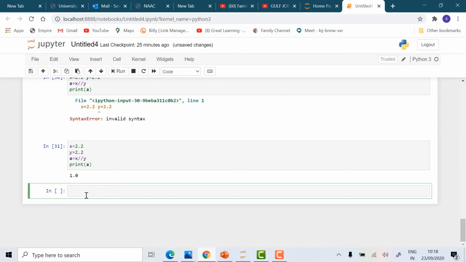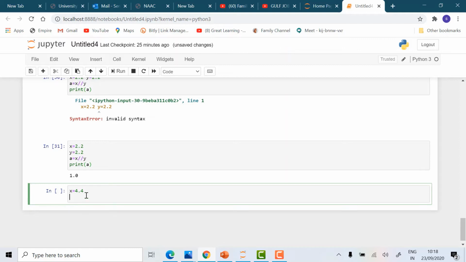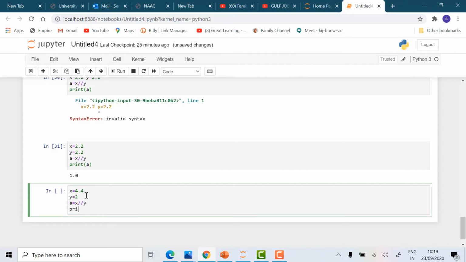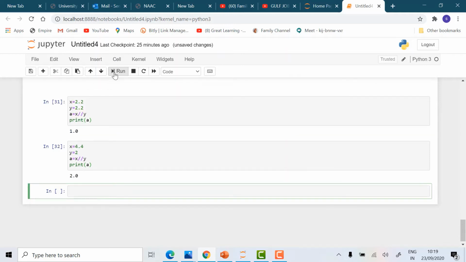Suppose I change the value x is equal to 4.4 and y equal to 2, a equal to x slash slash y, print of a. You get 2. So 4.4 divided by 2 would give a decimal value, but it is rounded off to the nearest value.